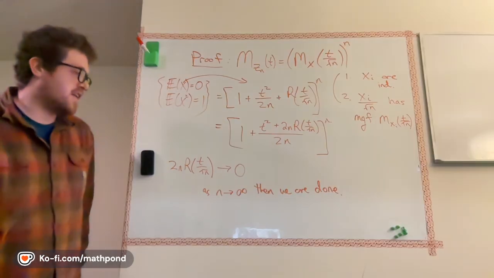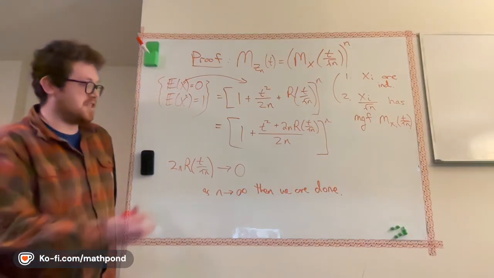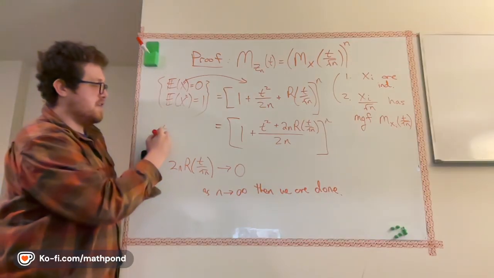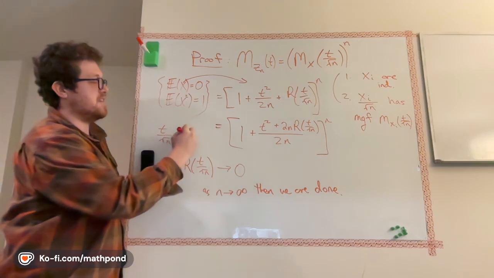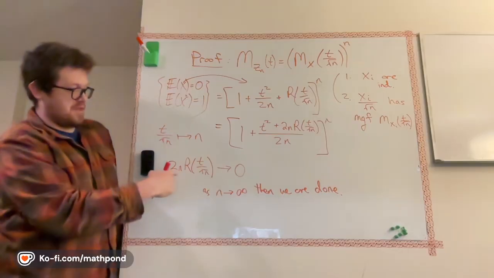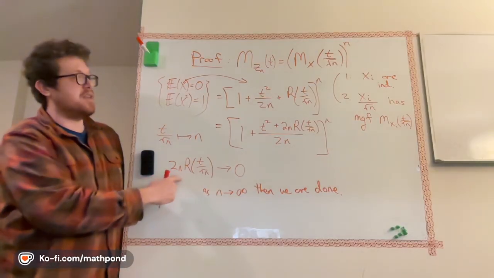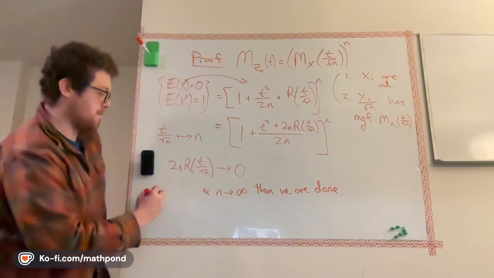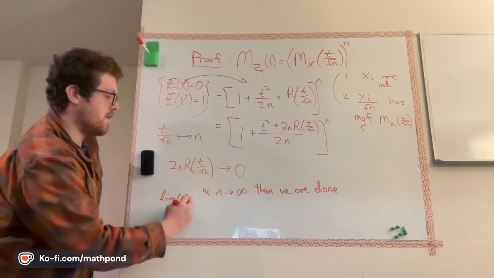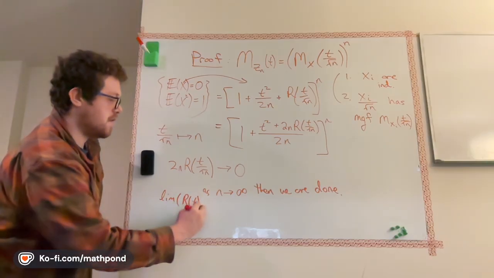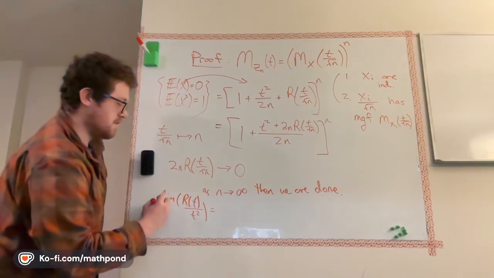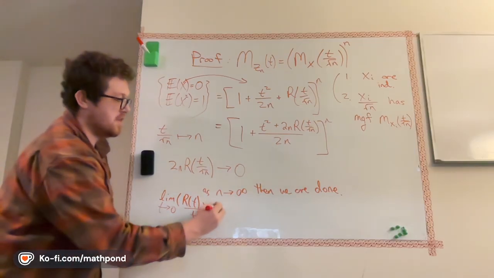So why is this the case? Well, it's basically just a change of variable. You have to change variable so that t over square root of n converts into n. And then you'll end up with some term on the outside, and the original property, remember I said that the limit of r of t over t squared as t goes to 0 was 0.